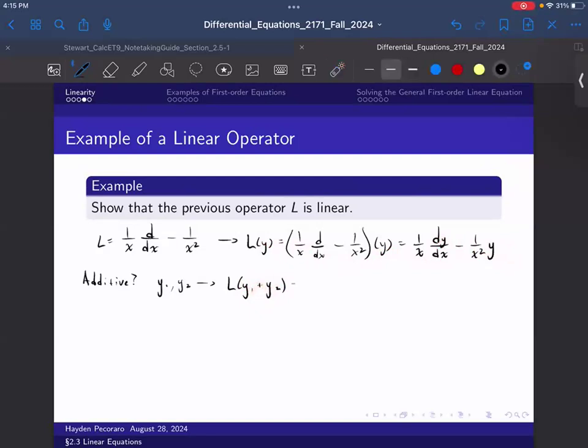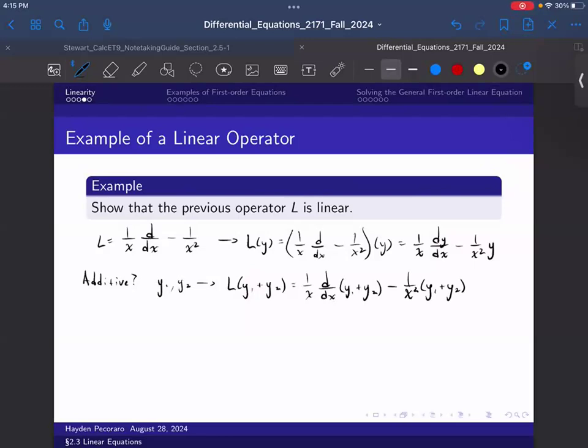So we have 1 over x d/dx of y1 plus y2 minus 1 over x squared times y1 plus y2. Okay.